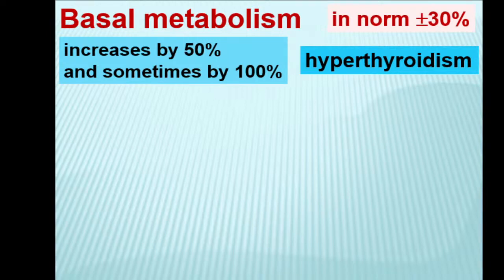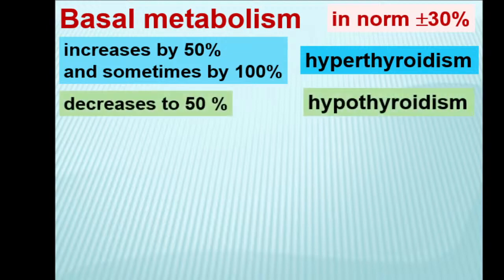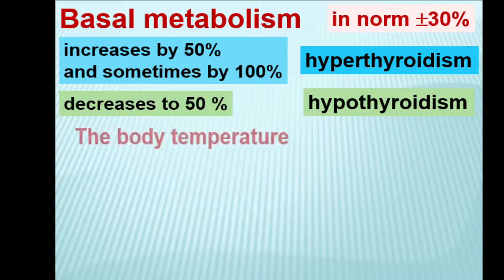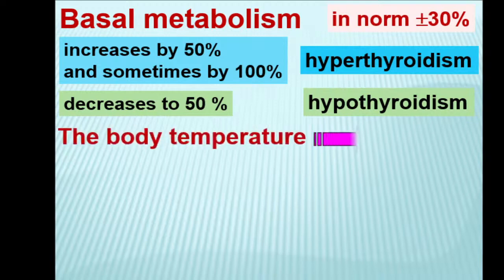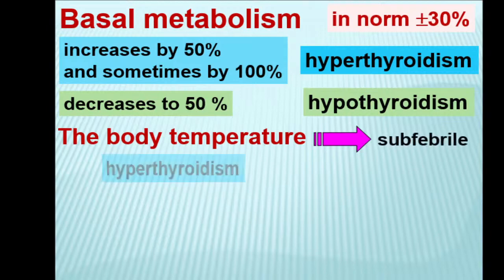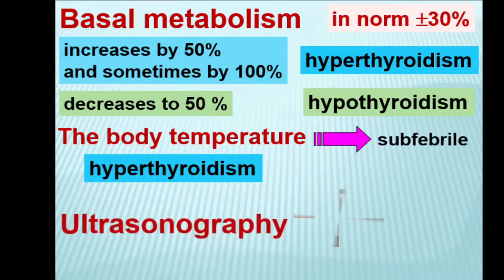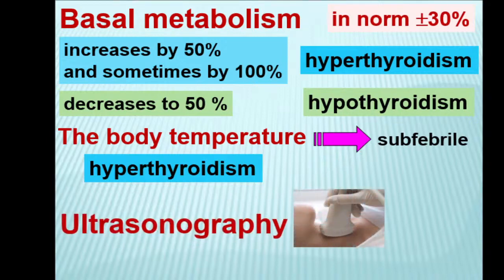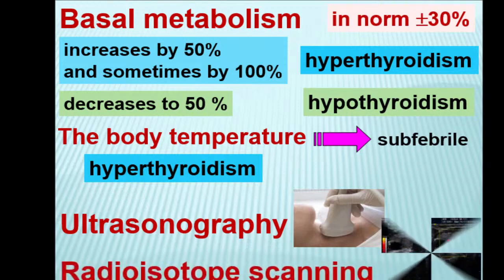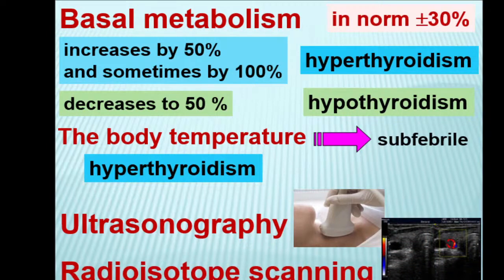But if it exceeds the norm by 50%, sometimes 100%, it is characteristic for hyperthyroidism. The opposite correlation is hypothyroidism. We said about the predilection of the patient with hyperthyroidism to subfebrile temperature, and we will obligatorily send our patient for ultrasonography to assess size and structure of the thyroid gland, and radioisotopic scanning, which shows the functional activity of the thyroid gland.